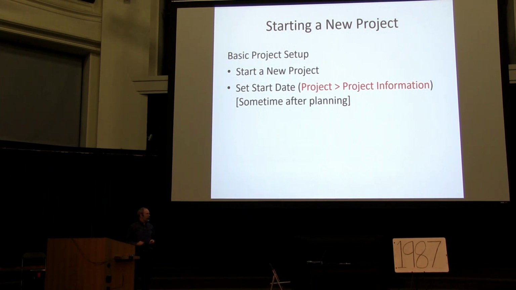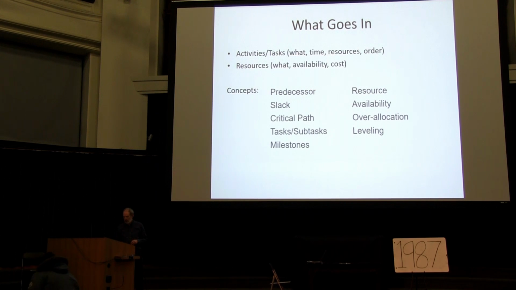Okay, so we're starting a new project. There's always a preliminary part, a setup part. You say that you're starting a new project. You set some kind of project start date, so you figure out when you're actually going to start doing the work. And at that point, you start putting things in.